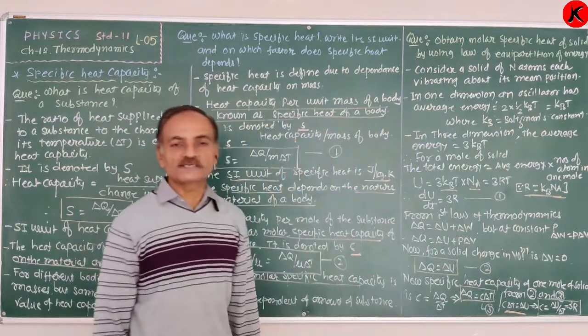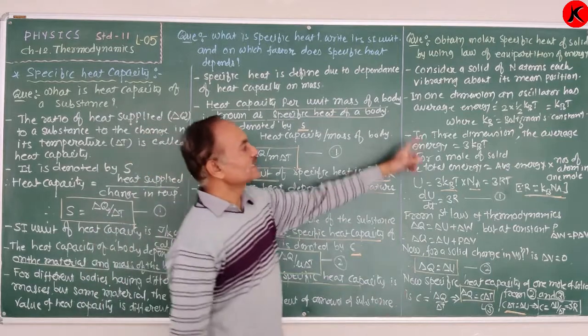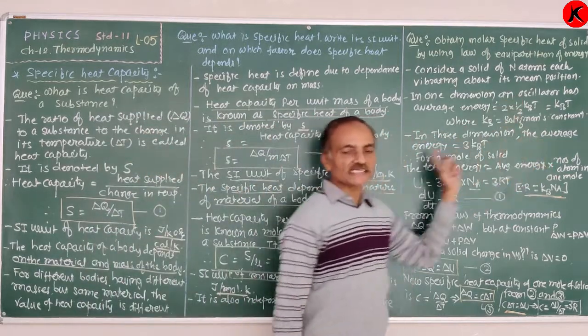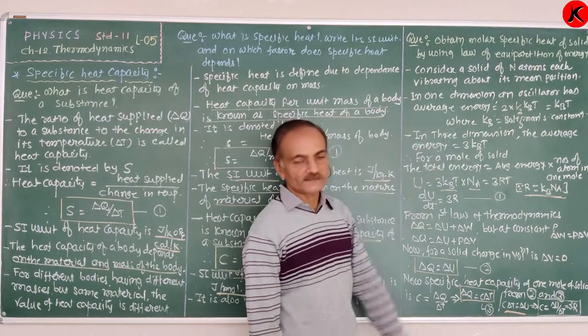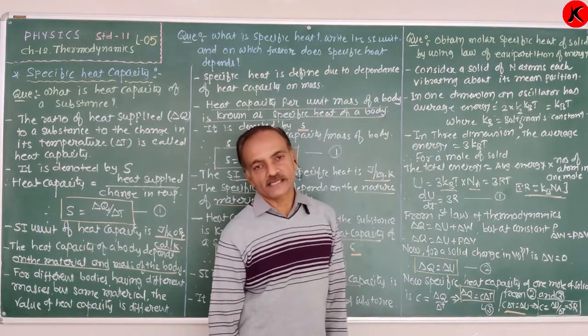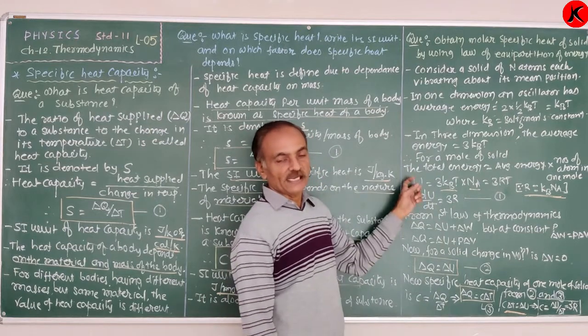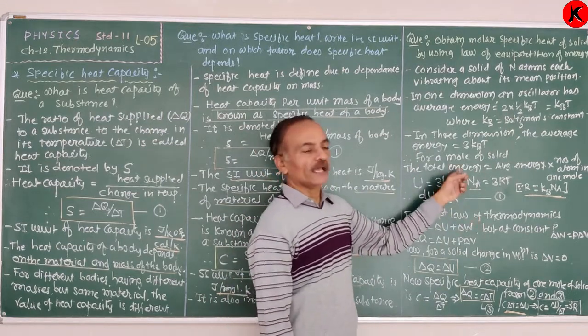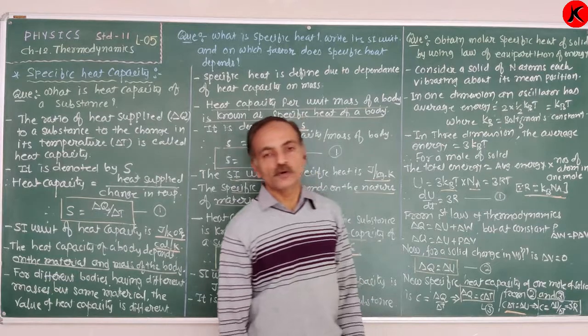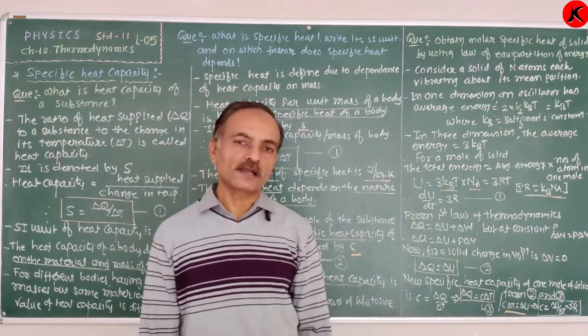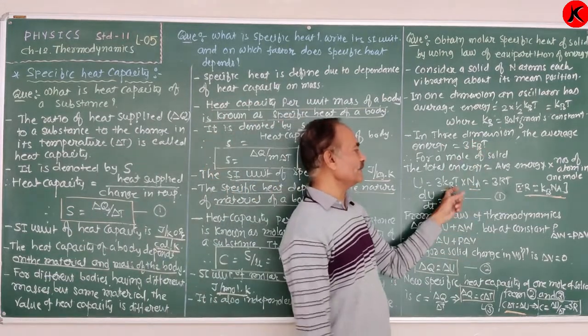Here kB is the Boltzmann constant. Now, in 3 dimensions, the average energy of an atom is 3 kBT. Now, for 1 mole of solid, the total energy is equal to the average energy into the number of atoms in 1 mole. Average energy is 3 kBT.